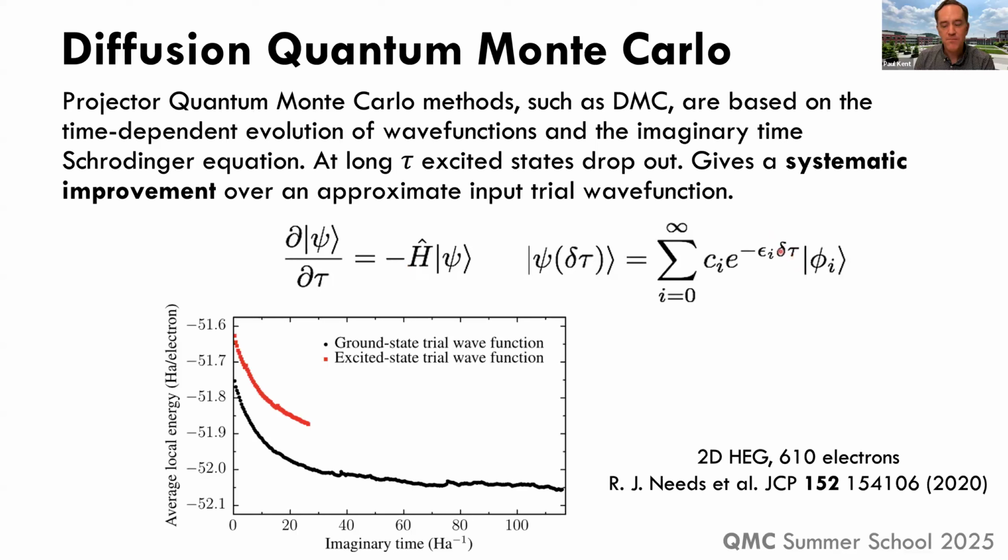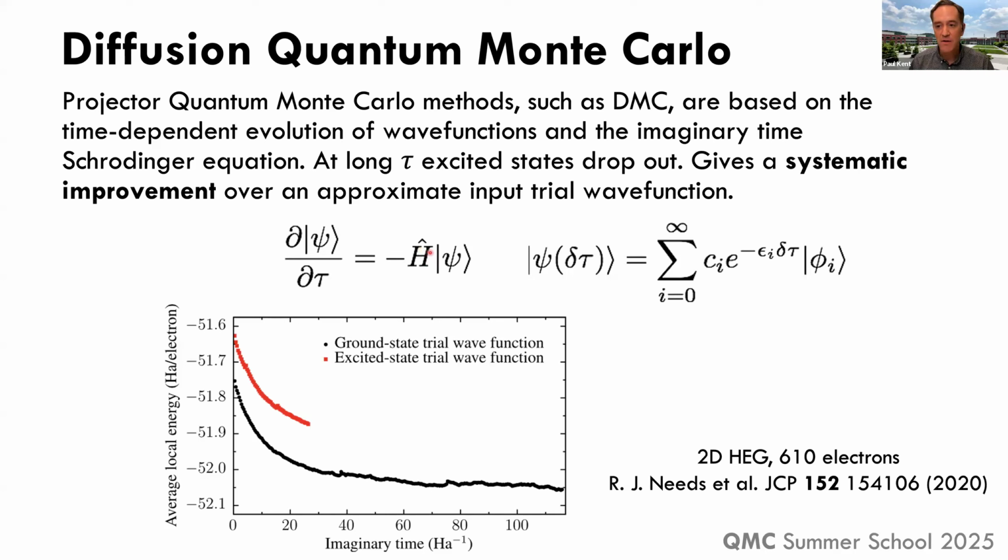And the thing is, if we insert a set of energy organized eigenstates and evolve them in time, what will happen is that this, of course, being a partial differential equation we all know how to solve, is just an exponential, while the most high energy states are going to drop out most quickly, and then eventually leaving us with just the ground state. So the excited states drop out in this scheme, leaving us with, or projecting, the ground state wave function.